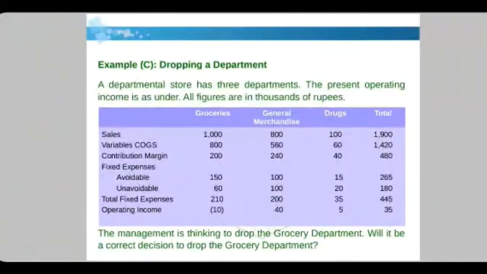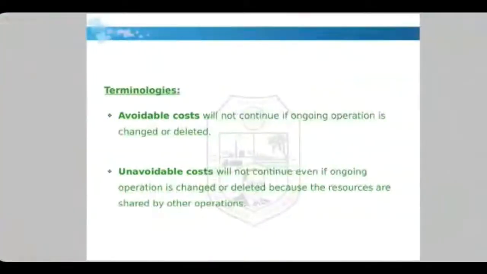Means if we decide to drop the groceries department, the unavoidable cost is 60 rupees. Anyhow, we have to pay that. That won't be affected though we drop the groceries department. And there is one mistake in the second definition: unavoidable cost will continue, so there should not be a 'not'. Make the correction.